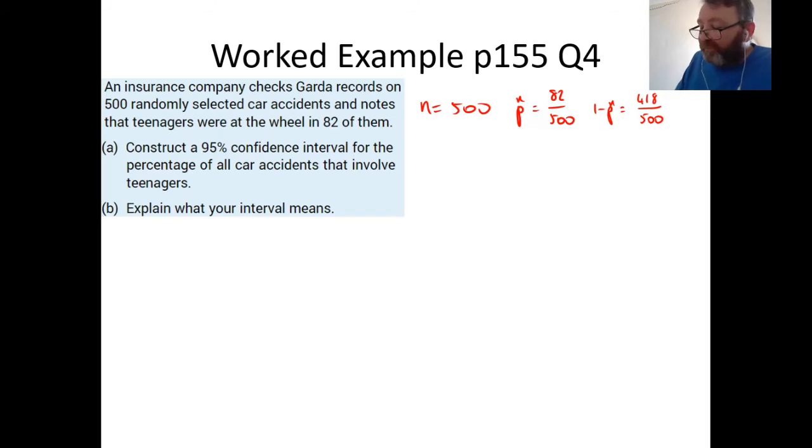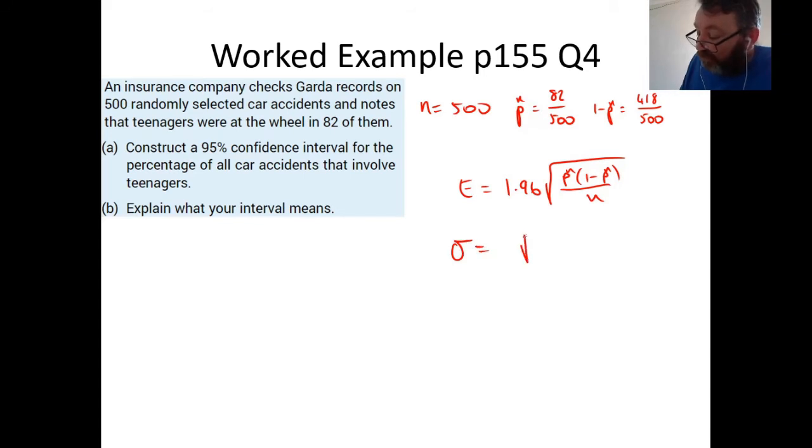Well, first of all, let's build up the standard deviation, or the margin of error. The margin of error is equal to 1.96 times the square root of p hat by 1 minus p hat all over n. Remember, the standard deviation is just the square root of p hat by 1 minus p hat over n. That's the standard deviation of the sample proportion.